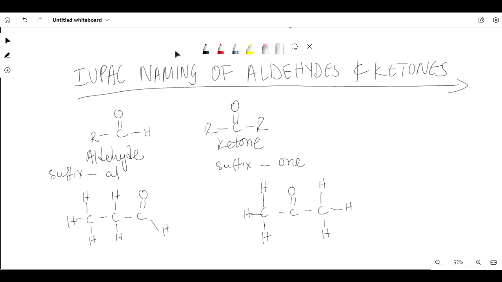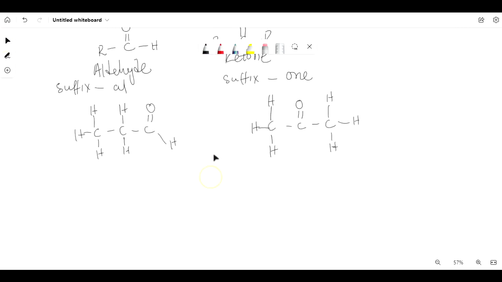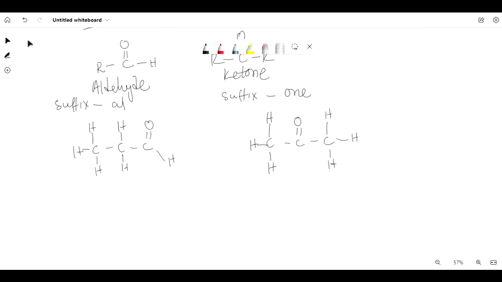Okay guys, so now let's quickly name our molecules. How do we name an aldehyde? The functional group will always be at the end of the chain, or beginning of the chain, however you may call it, but it will always be outside the chain, on the carbon that is outside.